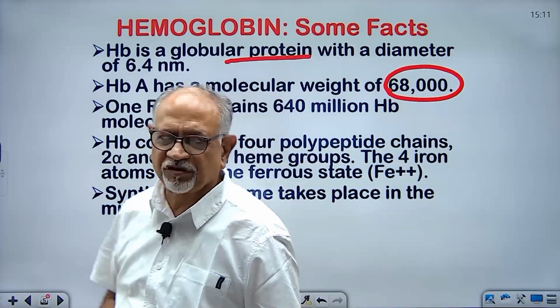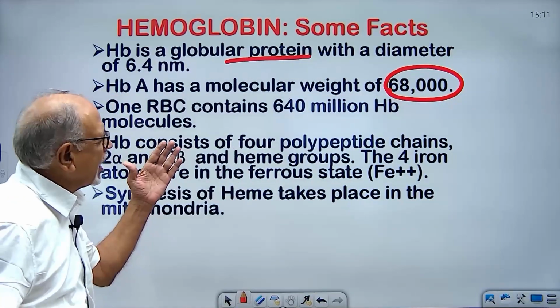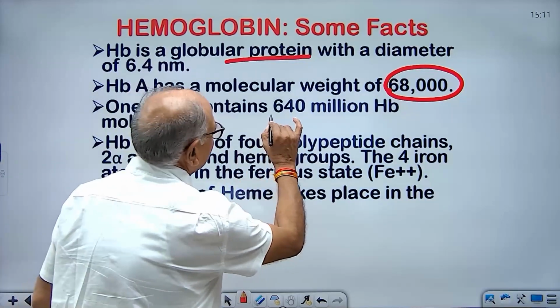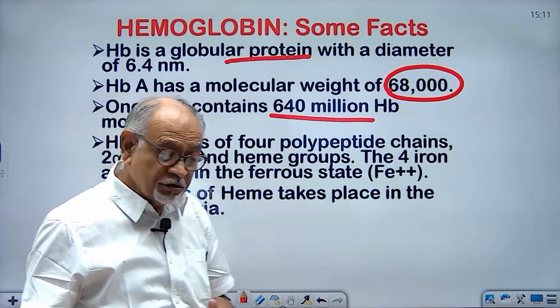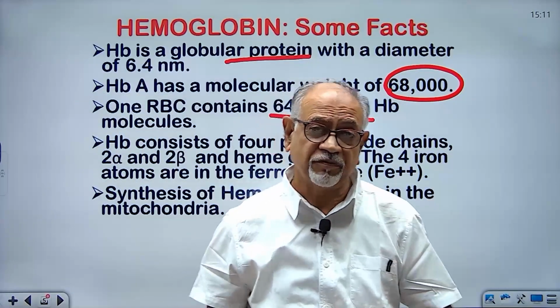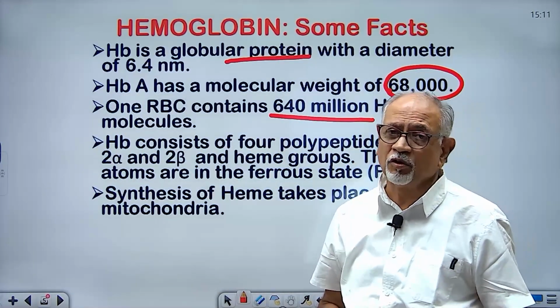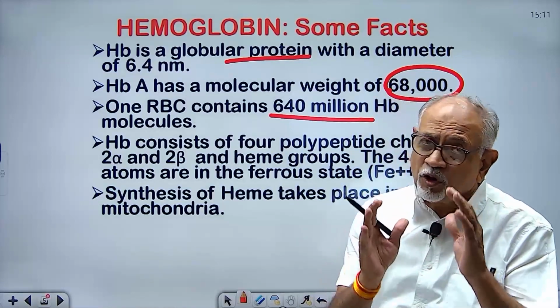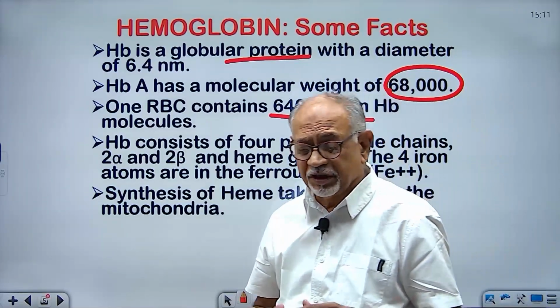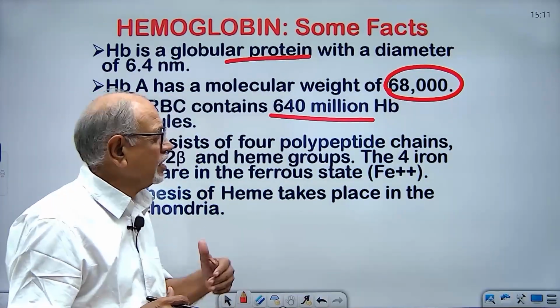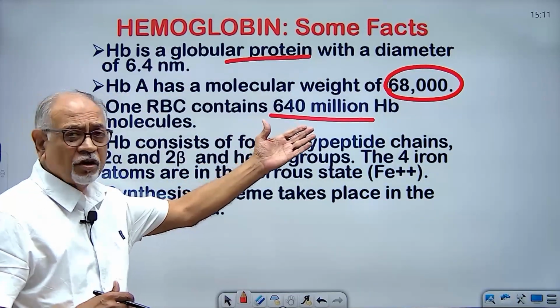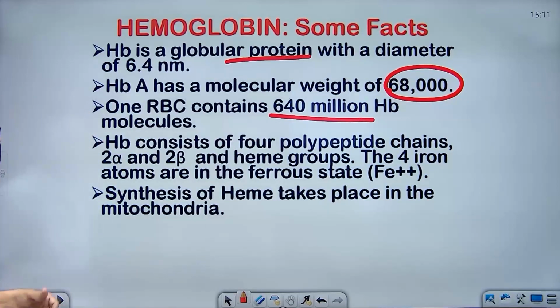One RBC contains as many as 640 million hemoglobin molecules. So, you can imagine if 1 molecule of hemoglobin carries 4 molecules of oxygen, then how many molecules of oxygen are carried by 1 RBC.